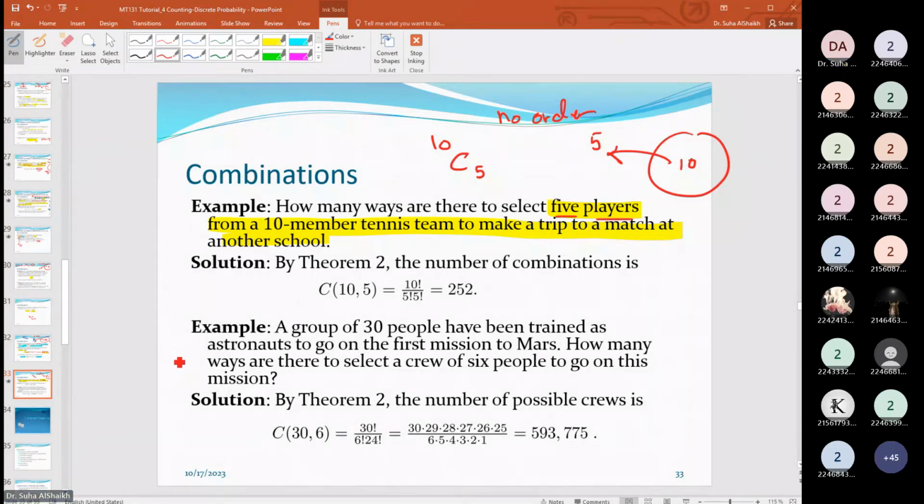Now check this example. You have a group of 30 people who have been trained as astronauts to go on the first mission to Mars. How many ways are there to select a crew of 6 people to go on this mission? So what do I have? I have 30 people and I choose 6 people from them to go on this mission.